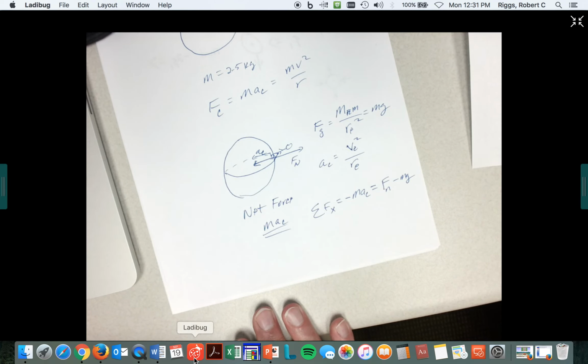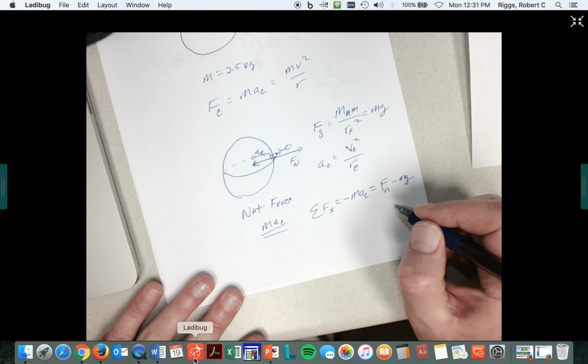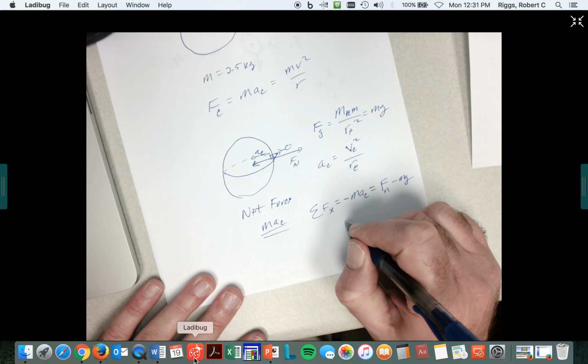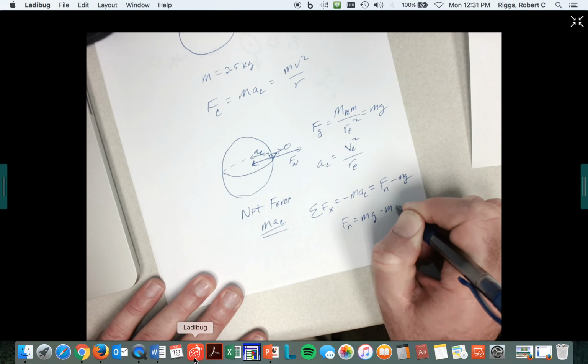Okay? Fn minus mg. So therefore, ergo, Fn is equal to mg minus m a c.